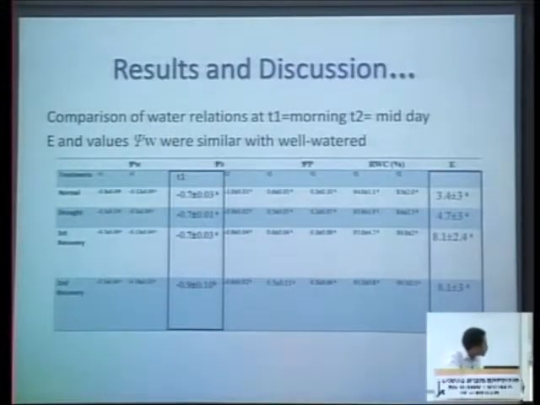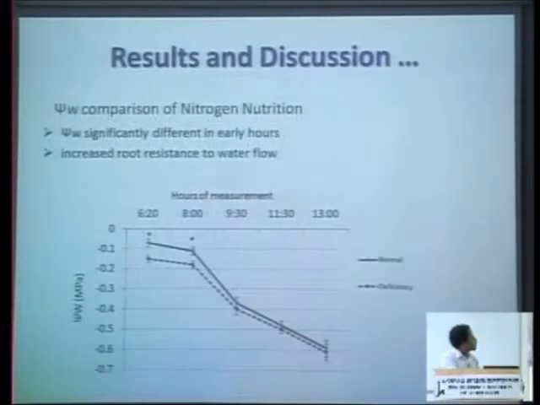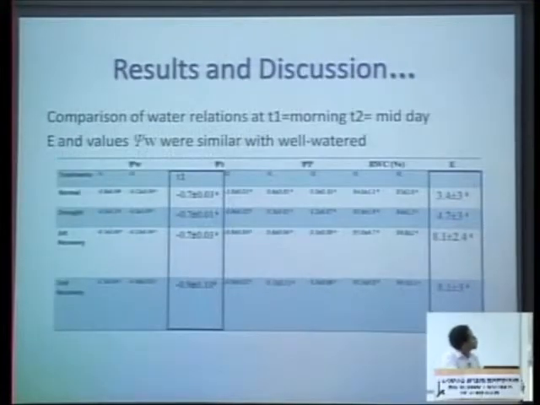Here in the elasticity model, which is our main objective, if the cell wall is rigid, the elasticity value is higher. So even though there is no significant difference here, the values are higher here.